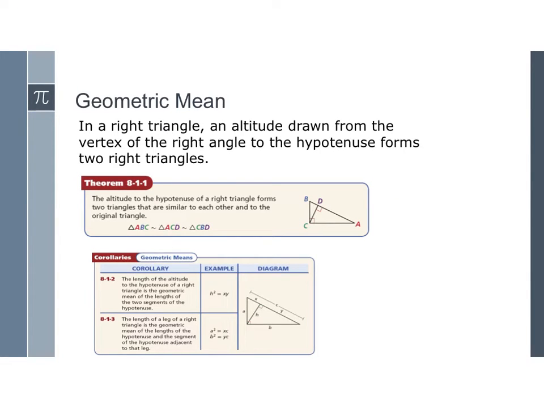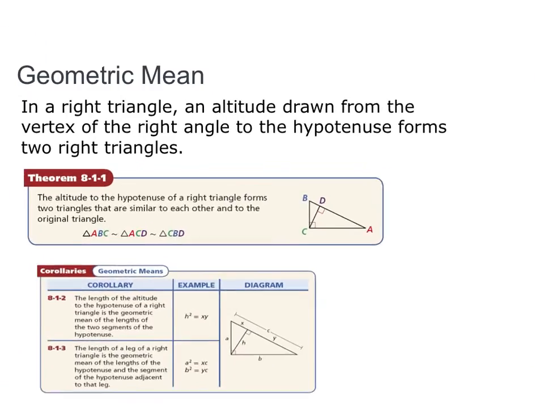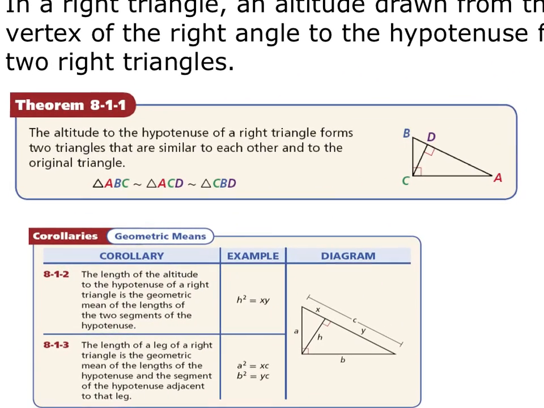Geometric mean. In a right triangle, an altitude drawn from the vertex of the right angle to the hypotenuse forms two right triangles. So if you're like, what, I don't get it, look right here in theorem 8.1-1. The altitude to the hypotenuse of a right triangle forms two triangles that are similar to each other and to the original triangle.